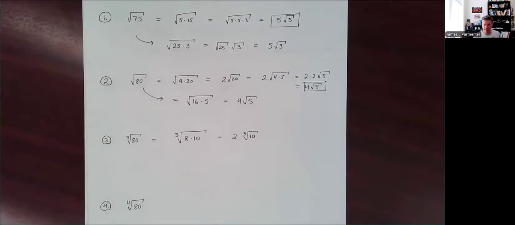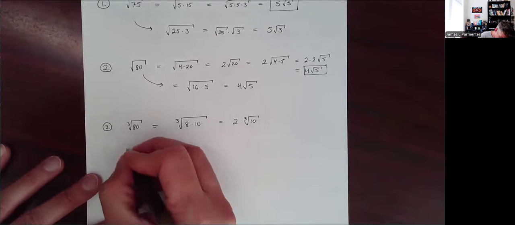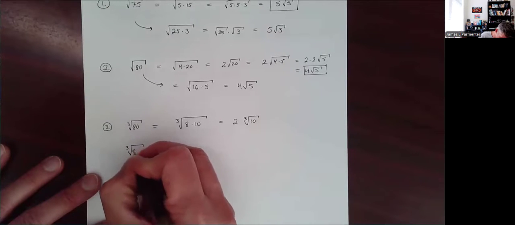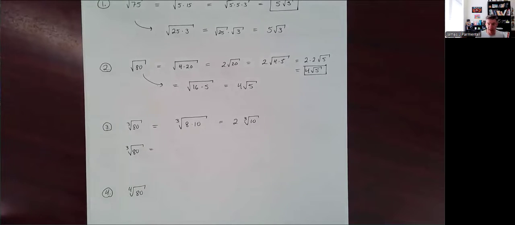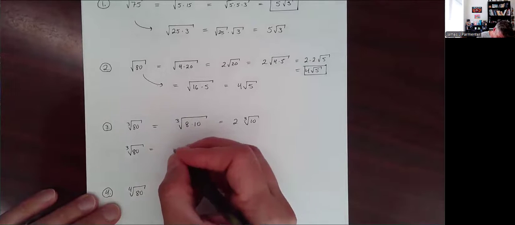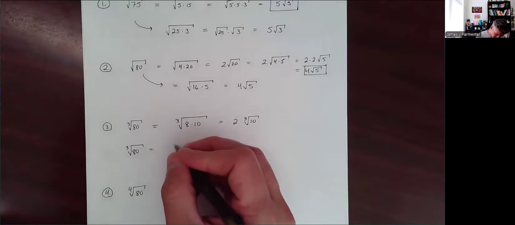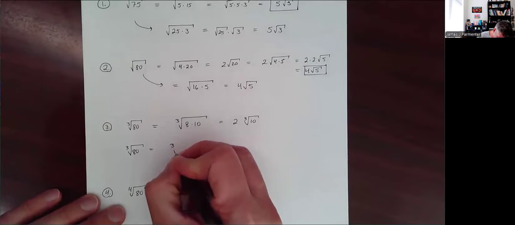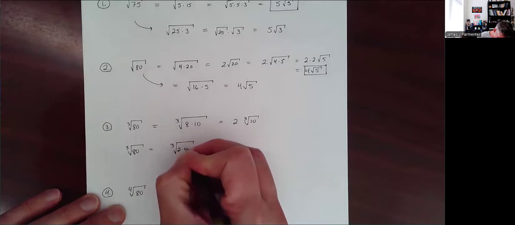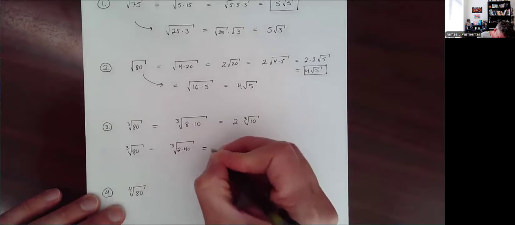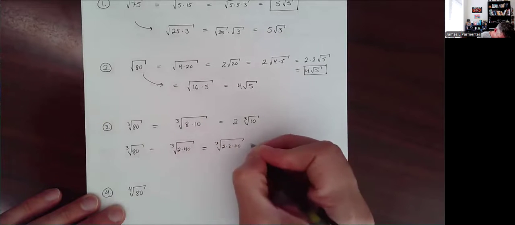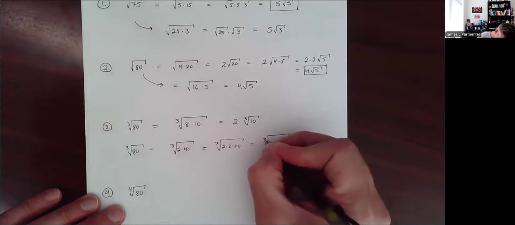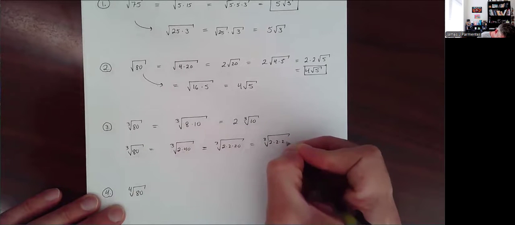But maybe you don't see that right off the bat and you just start factoring. If I was going to take a longer path, I might just start dividing by 2. So we get the cube root of 2 times 40, which is equal to the cube root of 2 times 2 times 20, which is equal to the cube root of 2 times 2 times 2 times 10.